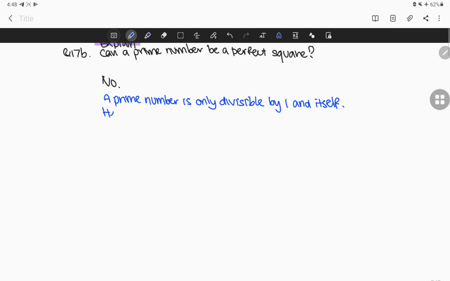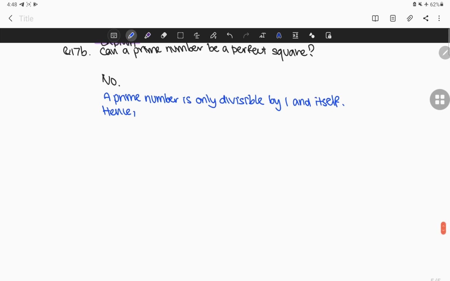So therefore, or hence, the index of each prime factor, which is itself, because it itself is a prime number, is 1. And 1 is not a multiple of 2.